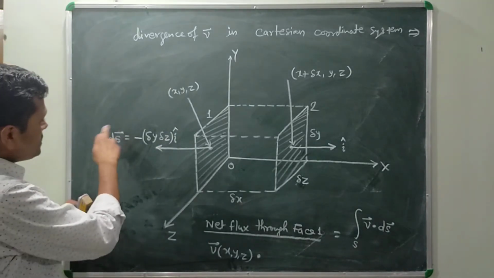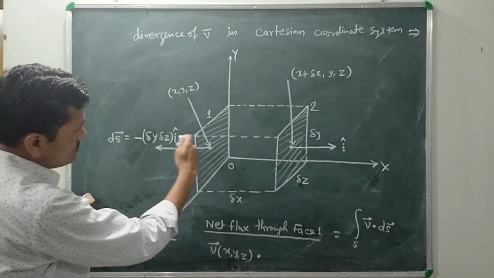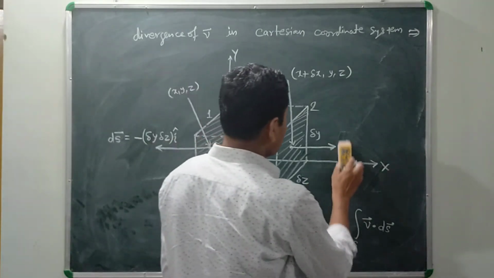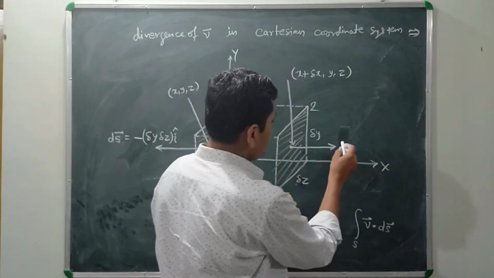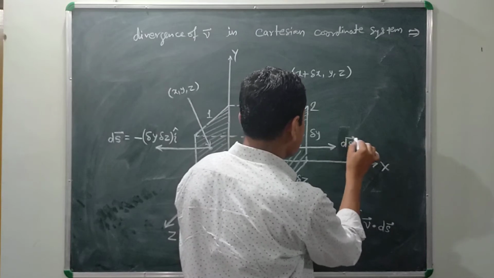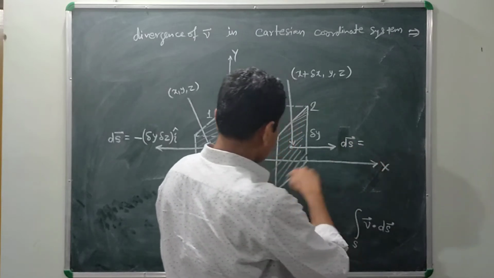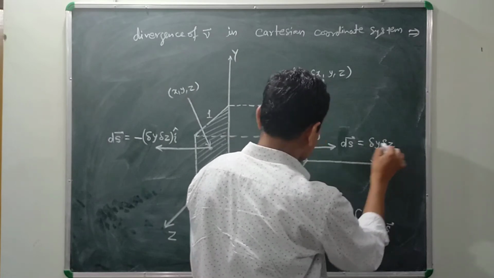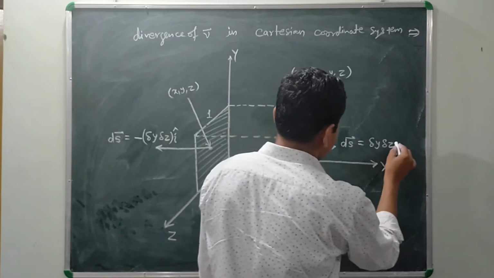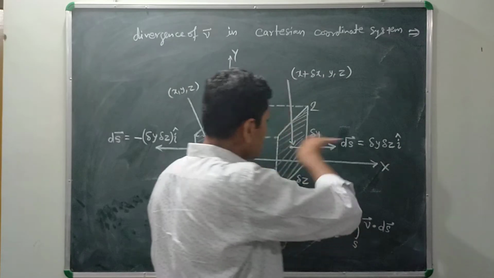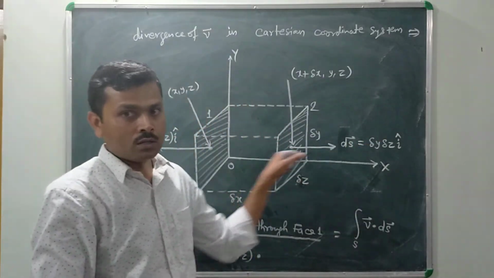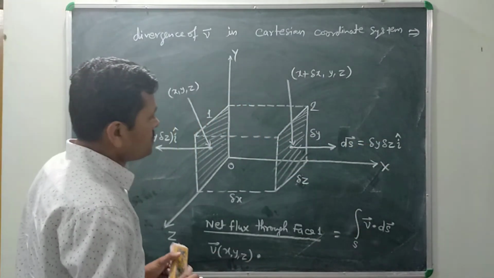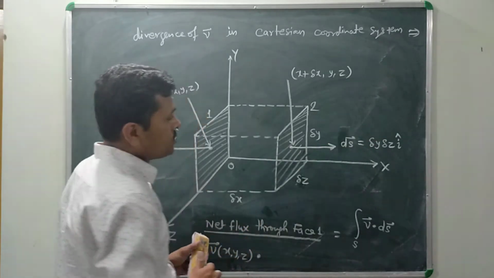So this is your ds, vector ds. Now what is the vector ds in this situation? Here vector ds will be delta y into delta z into i cap, because the outward normal is along positive x direction, its unit vector along this direction will be i cap.